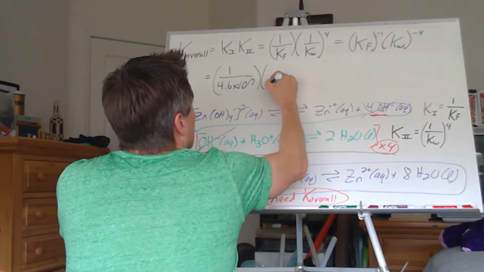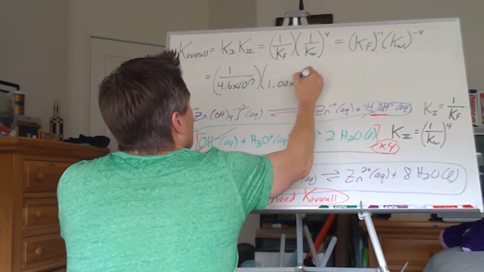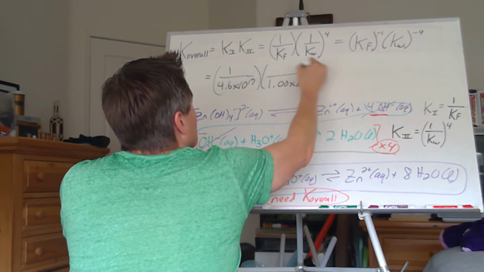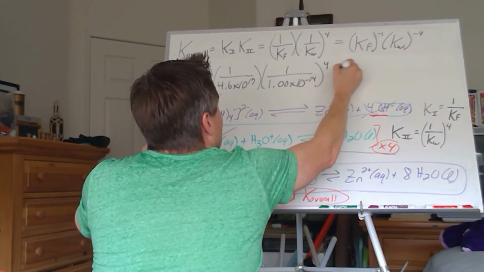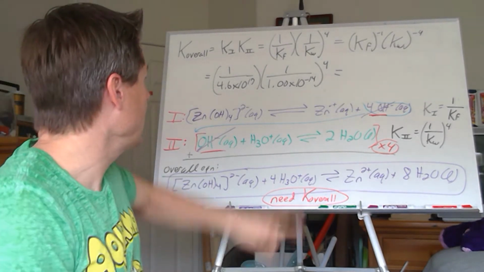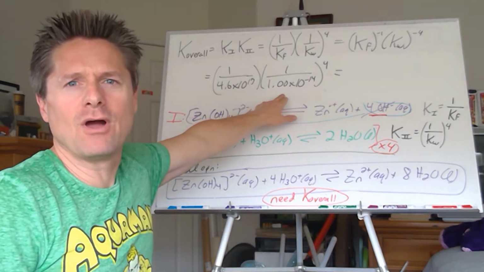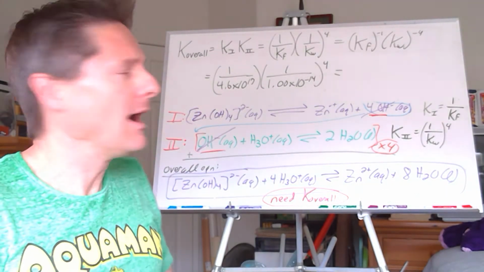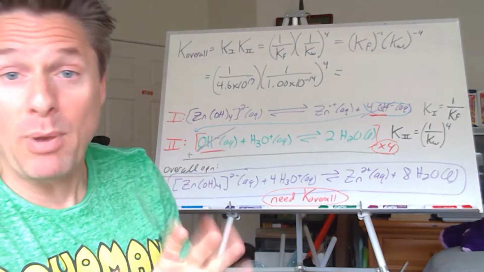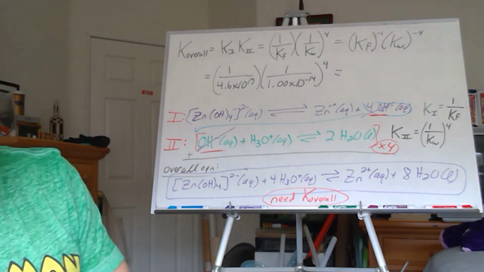We know Kw is 1.00 times 10 to the minus 14th. Raise that to the 4th power. We got 2 significant digits there; you could have gone 1.0 there and still had 2. So punch those numbers in, go to 2 significant figures.